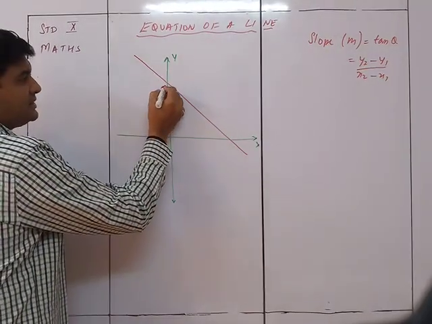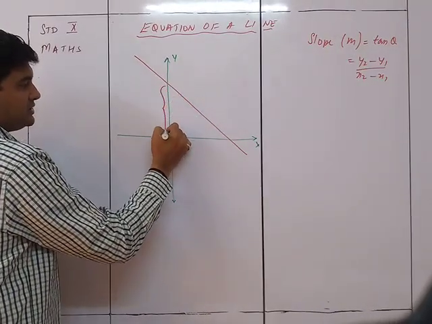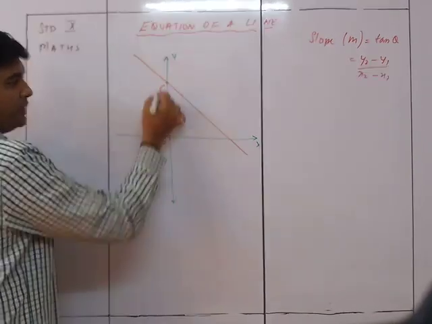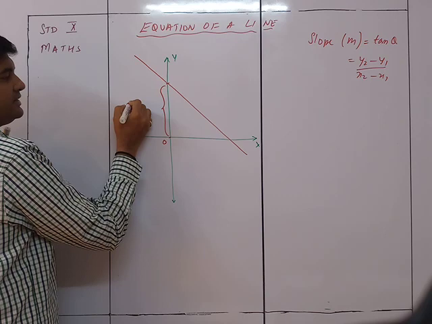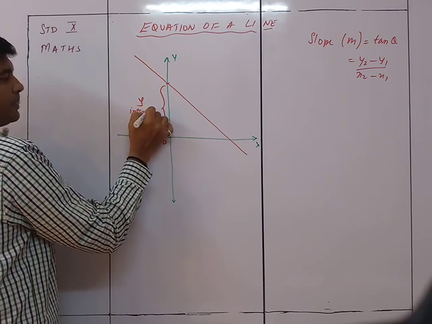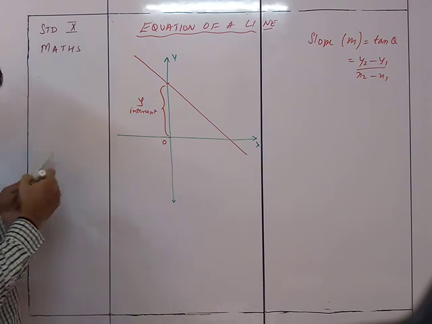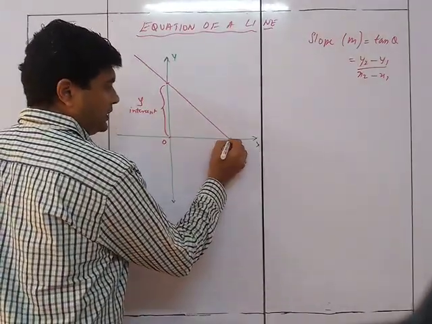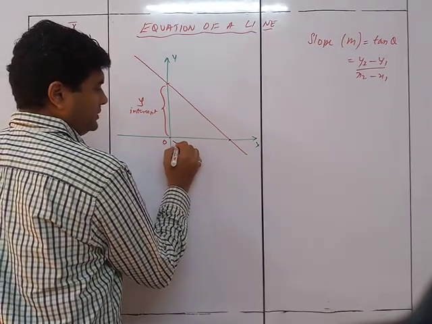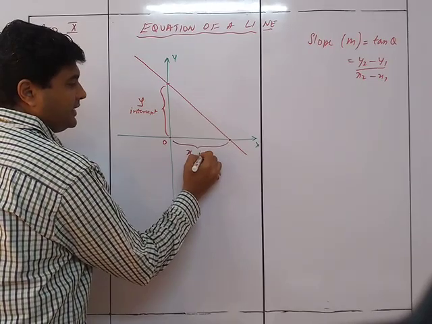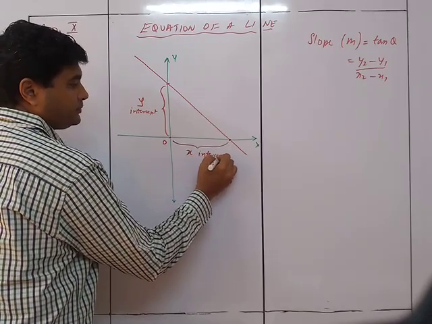In that case, this length from the origin to the point over here is called the y-intercept. And this point over here, from here to here, this distance is called the x-intercept.